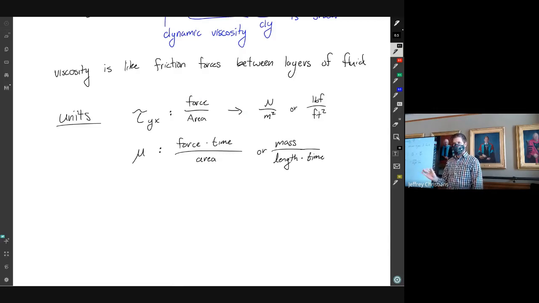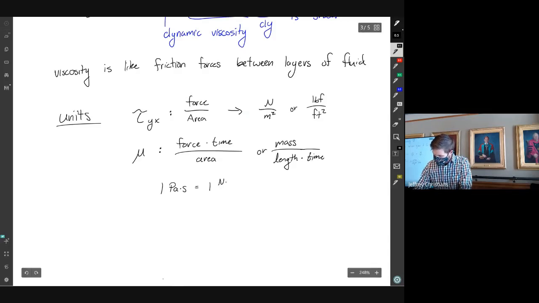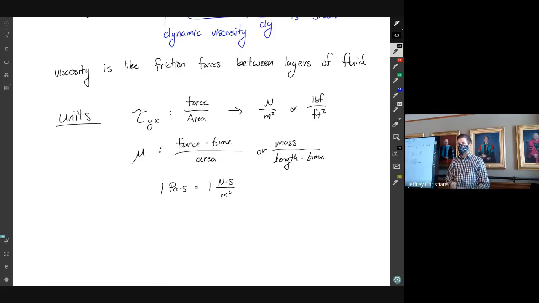So we're going to have a number of weird types of units for viscosity. Force times time over area, or mass divided by length times time. The first one would be something like 1 Pascal second, which is equal to 1 Newton second per square meter, where a Pascal is a pressure, which is a force divided by area, times time.